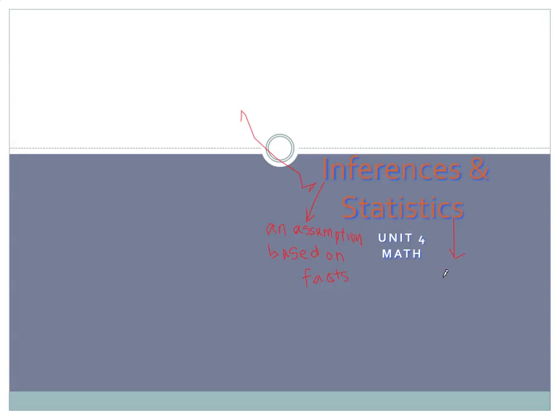So our statistics are just our data, and it's either going to support or not support the inference that we made. You'll hear those terms a lot over the course of the 3 lessons that we have.